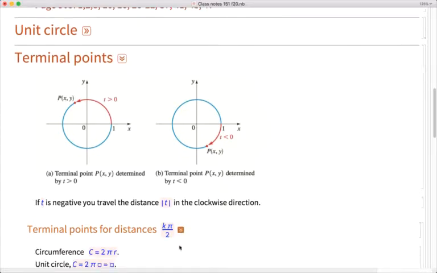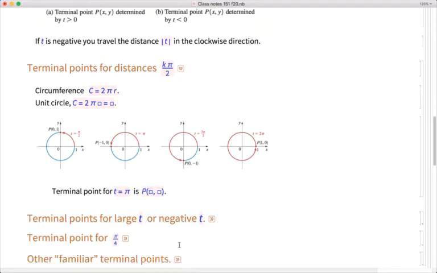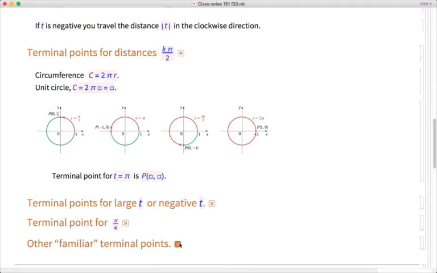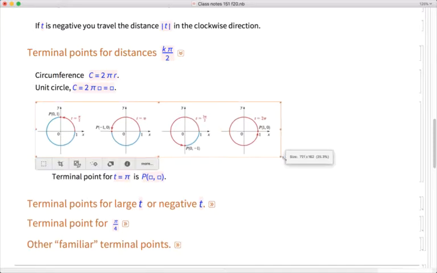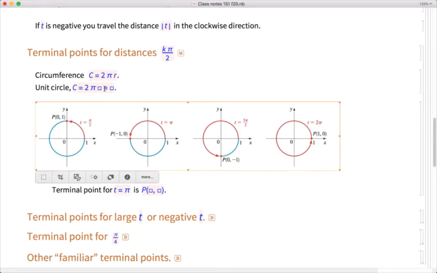Again, this brings us to what's called the terminal point for the number t. Let's look at a few examples. We're going to find terminal points for numbers t, that is distances, that are a multiple of pi over 2. To do this, we remember that the circumference of a circle is given by 2 pi r, and for the unit circle, which gets its name because its radius is 1, the circumference is 2 pi.